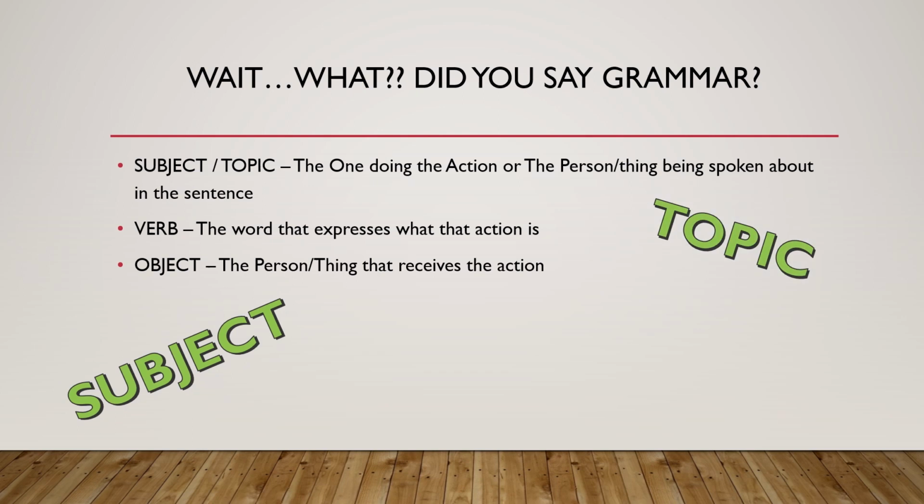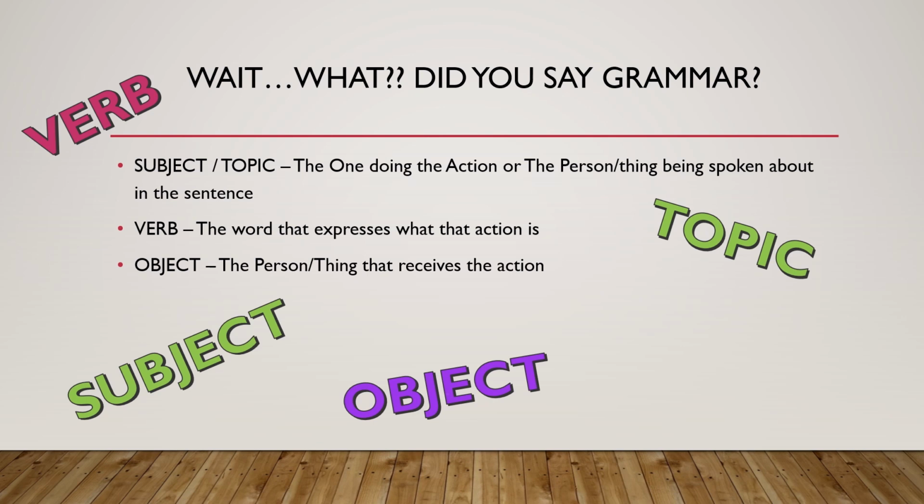The subject or the topic is the one doing the action, or the person or thing that is being spoken about in the sentence. Then is the verb. We all know verb is nothing but the action word, the word that expresses what kind of action is being done in the sentence. And third is the object, that is the person or the thing that receives the action, or on which the action is being done.